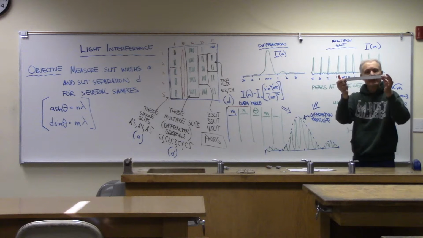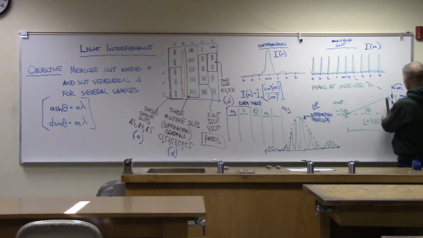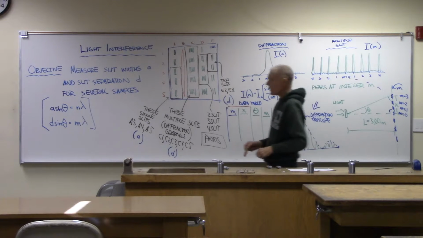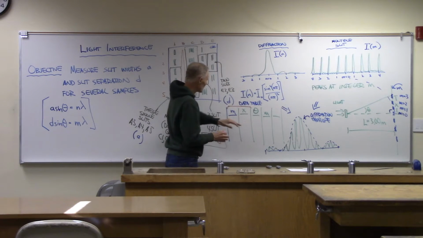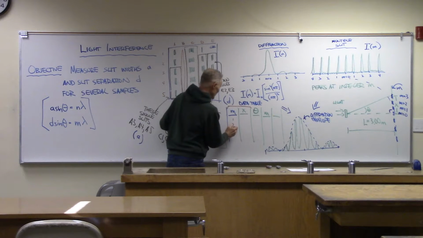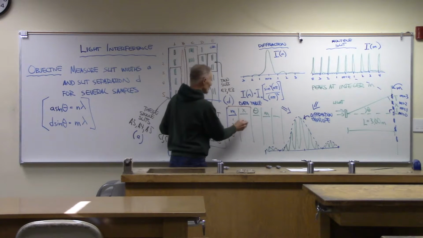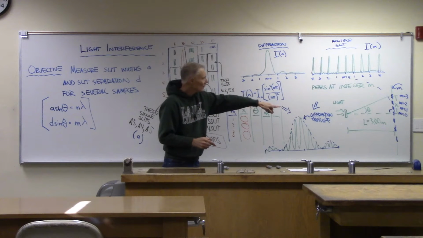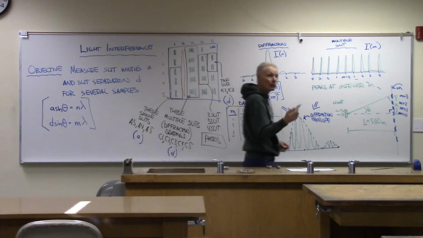So here's a ruler, and I'm going to measure that distance, and that is going to go into my x measurement. So I could measure m equal to 1, m equal to 2, m equal to 3. I could get some x values for those, knowing that L is equal to 3 meters.